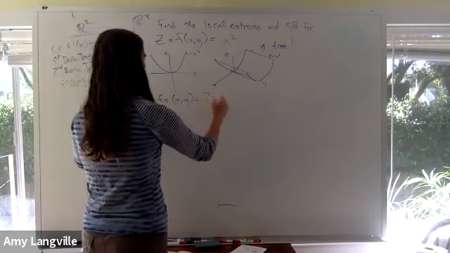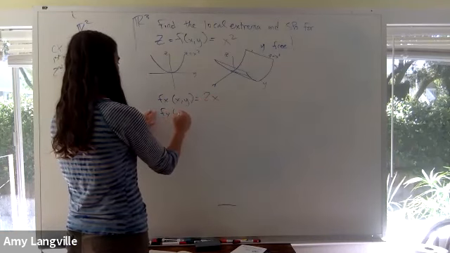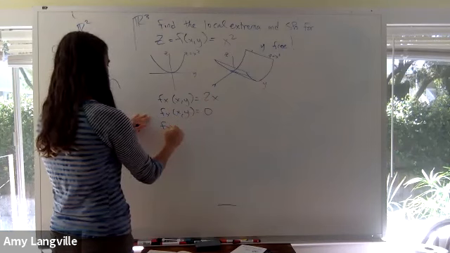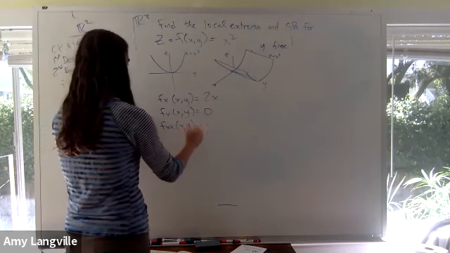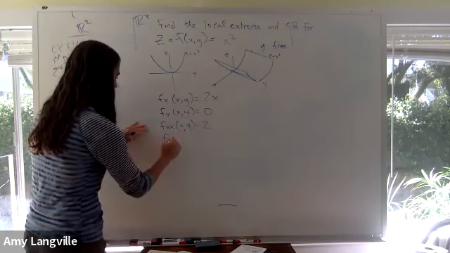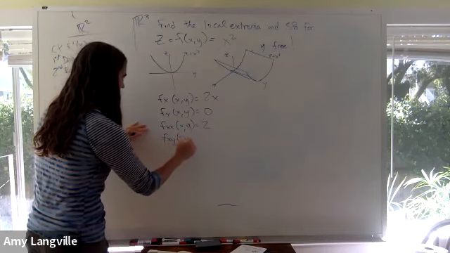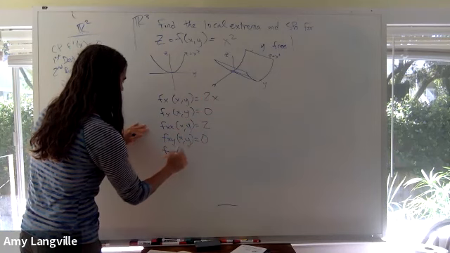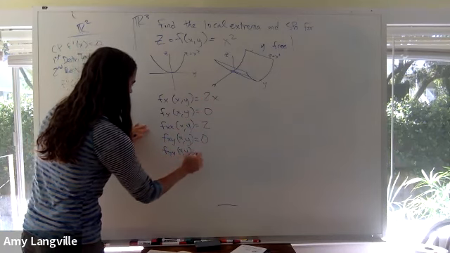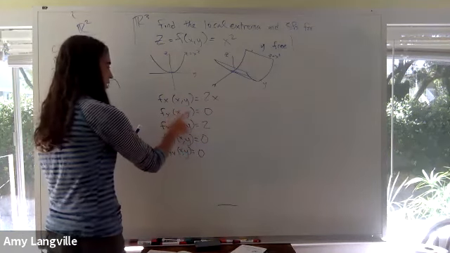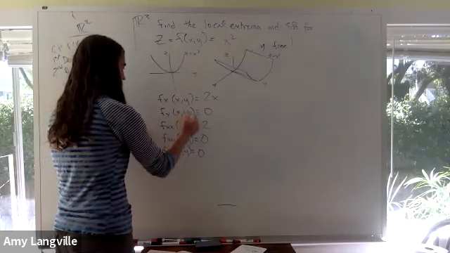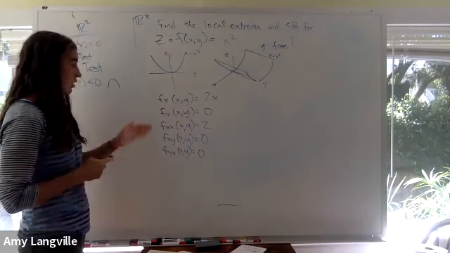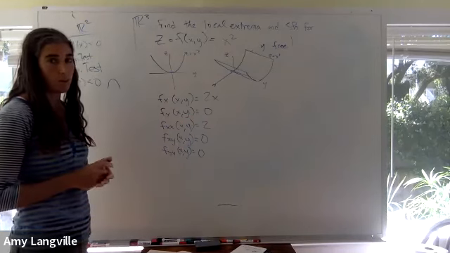So f sub x, f sub y, f sub x x, f sub x y, and f sub y y. That's a horrible y. A little bit better.